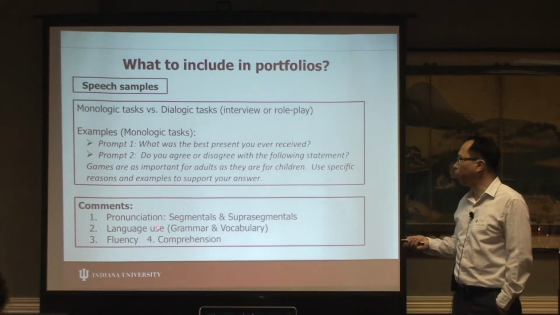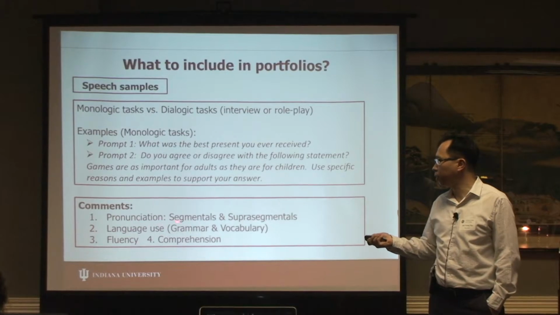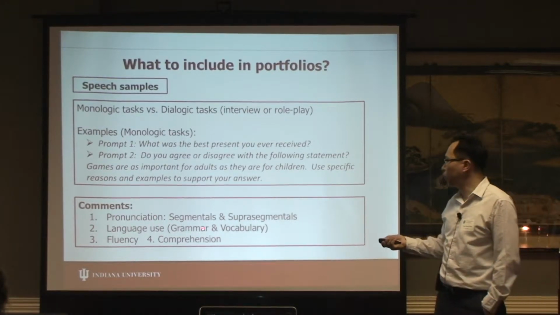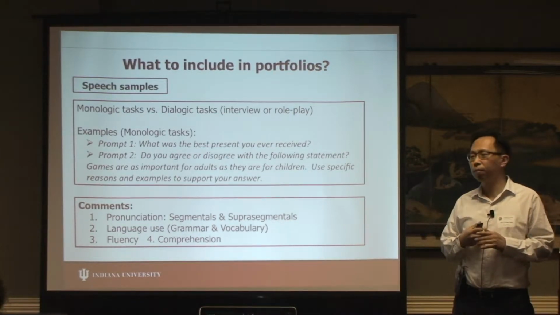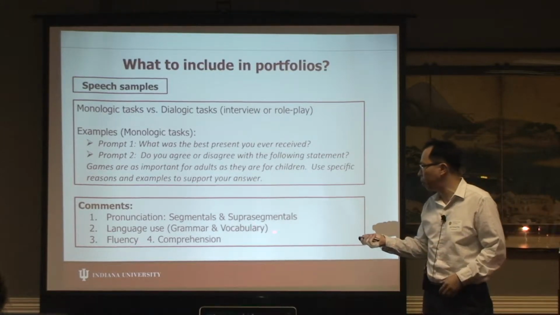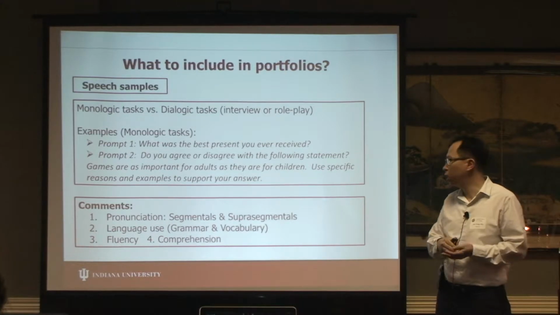So what kind of criteria could you use for speech samples? Obviously, the very first thing you want to comment on is pronunciation, right? In terms of the segmentals, do the students have appropriate vowel and consonant sounds? Or you may also want to comment on suprasegmentals as well. Do they have good intonation and pitch in their speech?